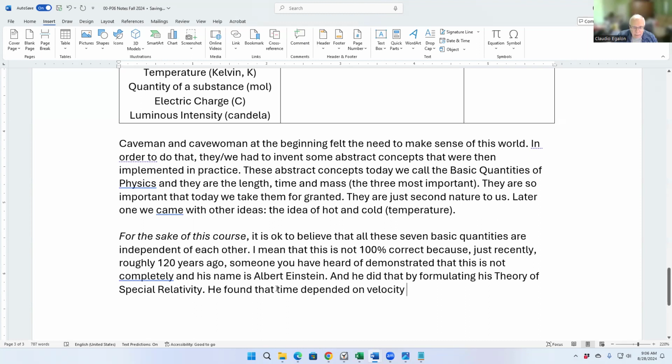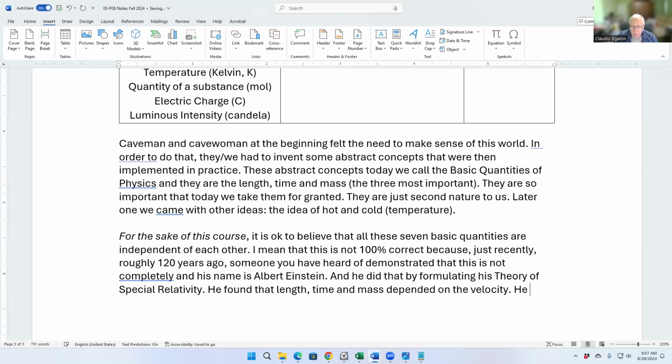He found that the length, time, and mass depended on the velocity. That's why it's called special relativity. That's why it's called relativity, okay?